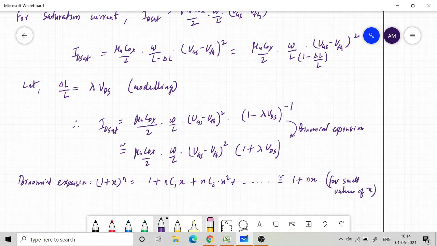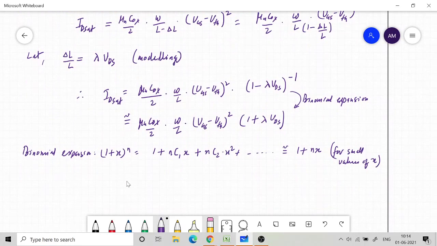If you are not remembering, just go and refresh your knowledge about binomial expansion. So I am only keeping the first term, and here n is minus 1. So if you put x as minus lambda VDS, minus lambda VDS into minus 1 will give you plus lambda VDS. So that is how that comes.